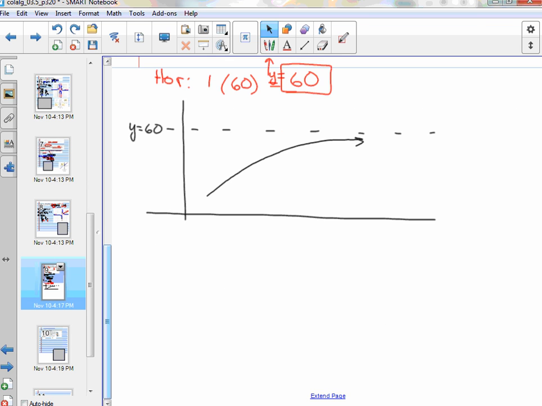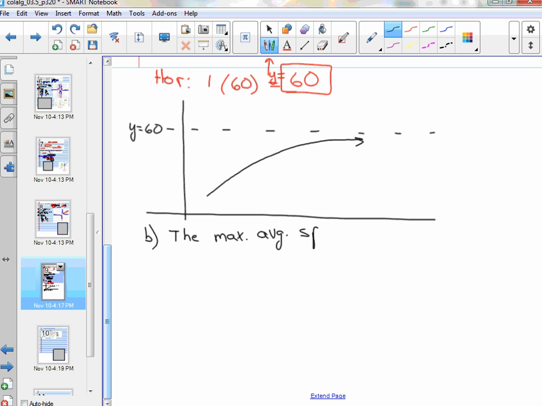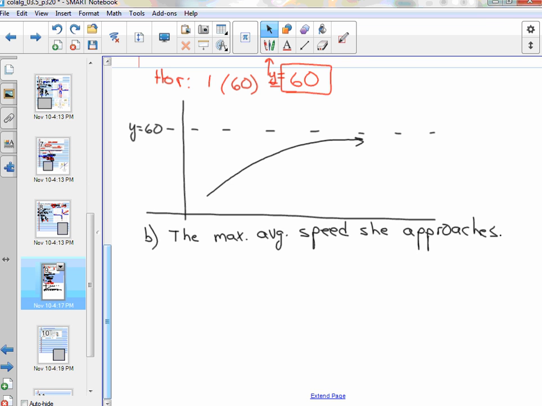Does she ever reach a 60 mile an hour average? No. What does that stand for? The maximum average speed she approaches. She can't ever actually average 60, but she can get as close to 60 as she wants. Just keep driving longer and longer and longer.